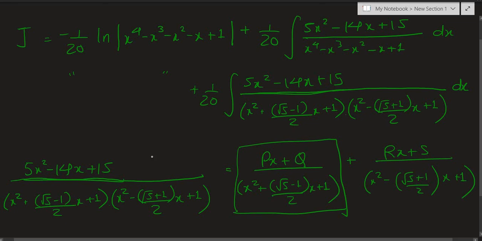Well, before proceeding, we had this factor of 1 over 20. So this is basically multiplied with 1 over 20, and all of these integrals are multiplied by 1 over 20. So is this. So I'm going to take the 1 over 20 into account as we do the px plus q.